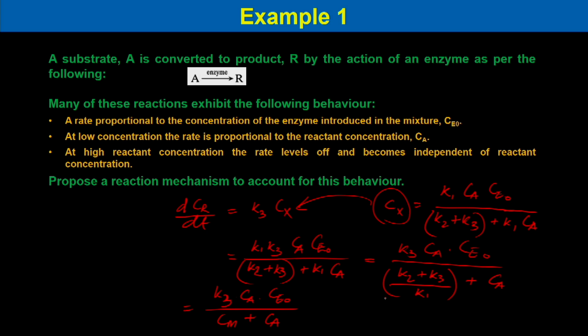This Cm is nothing but K2 plus K3 by K1 and is known as the Michaelis constant.